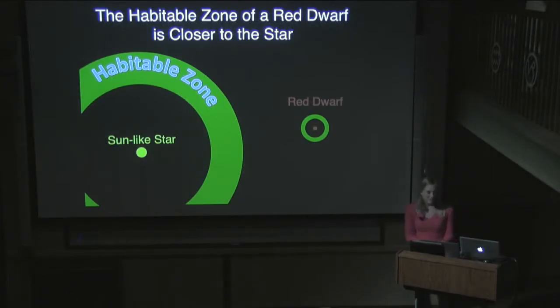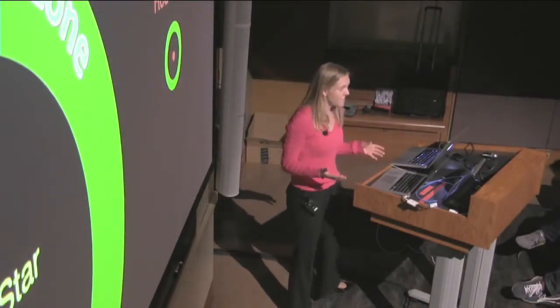But a planet in the habitable zone of a red dwarf might have a year that lasted only 1 month. And that means if you're trying to find a planet around that star, you have 12 times as many opportunities to see the planet go around the star. And as someone who's trying to finish graduate school in a short amount of time, that's very, very helpful.